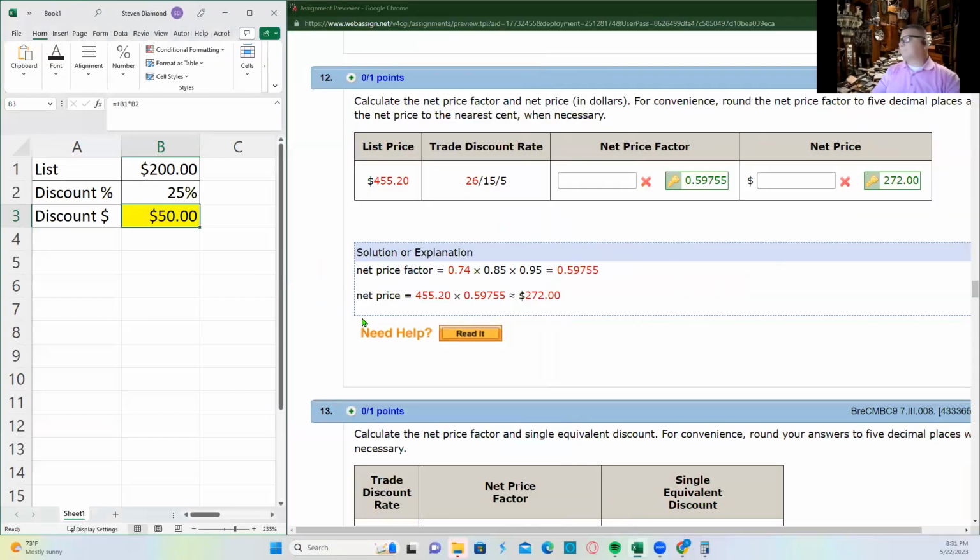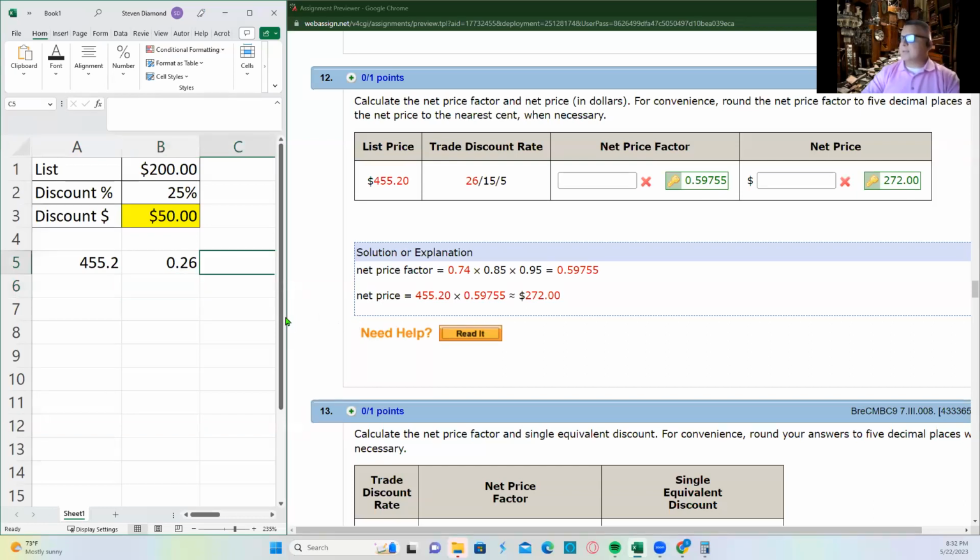Okay, so basically what you're doing here, and I'm going to do this the long way, is our list price is $455.20. The first thing you're going to get is a 26% discount, right? That's our first discount.